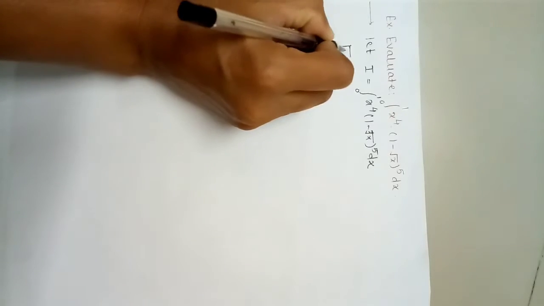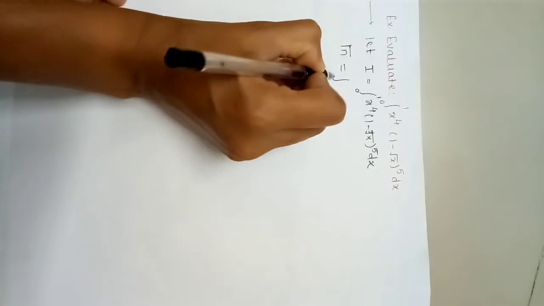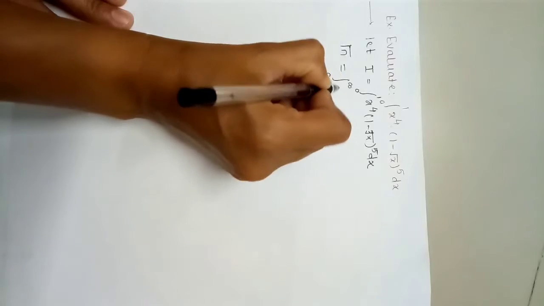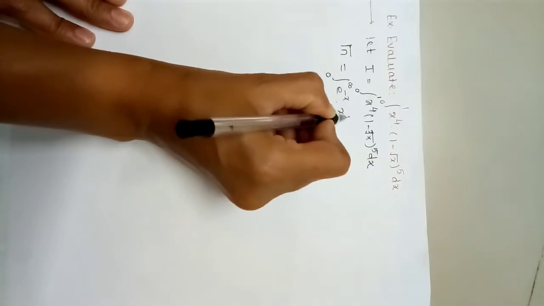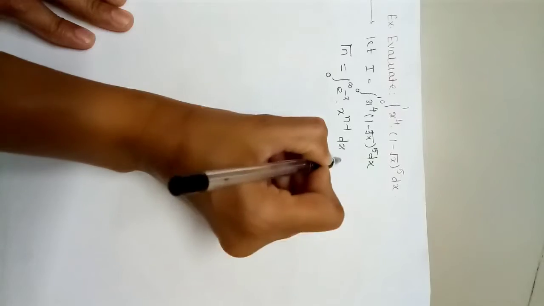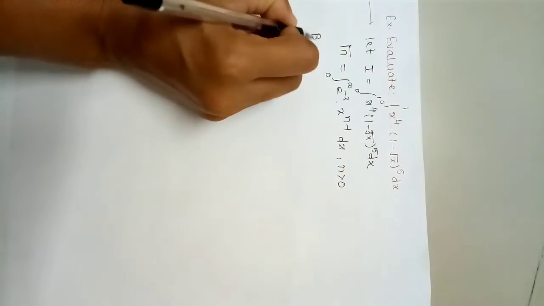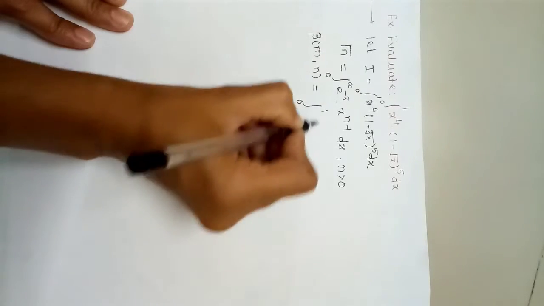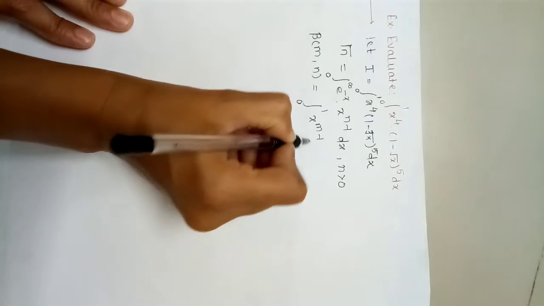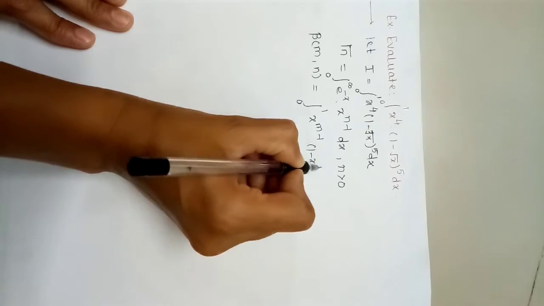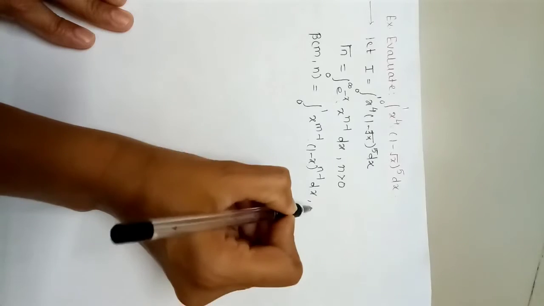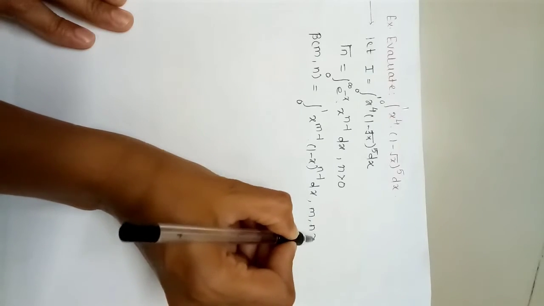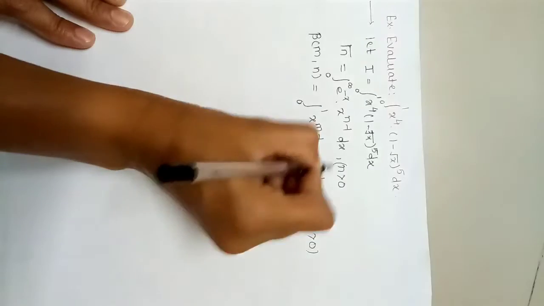So I will write here the definition of gamma function, that is gamma function of n is equal to integration of 0 to infinity e raised to minus x into x raised to n minus 1 dx, where n is greater than 0, and we will write the definition of beta function of m, n is equal to integration of 0 to 1 x raised to m minus 1 into 1 minus x raised to n minus 1 dx, where in this equation m and n are greater than 0.